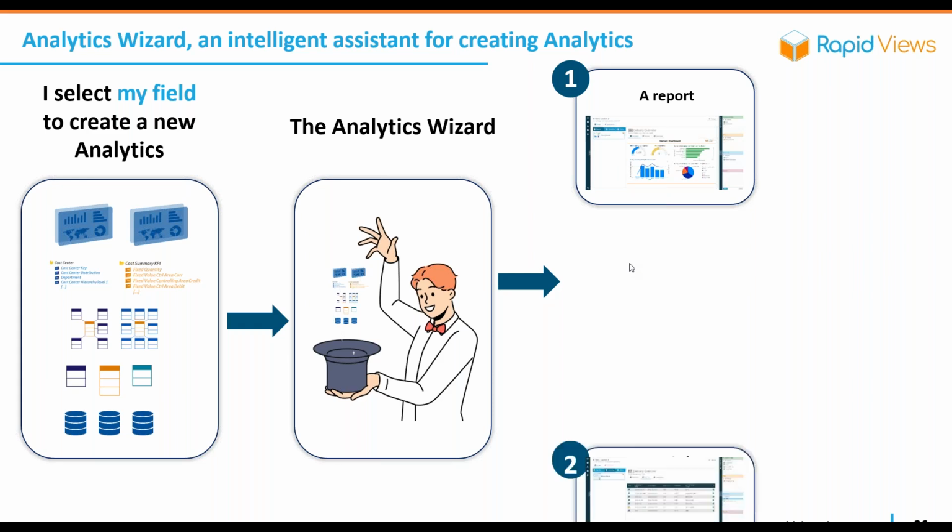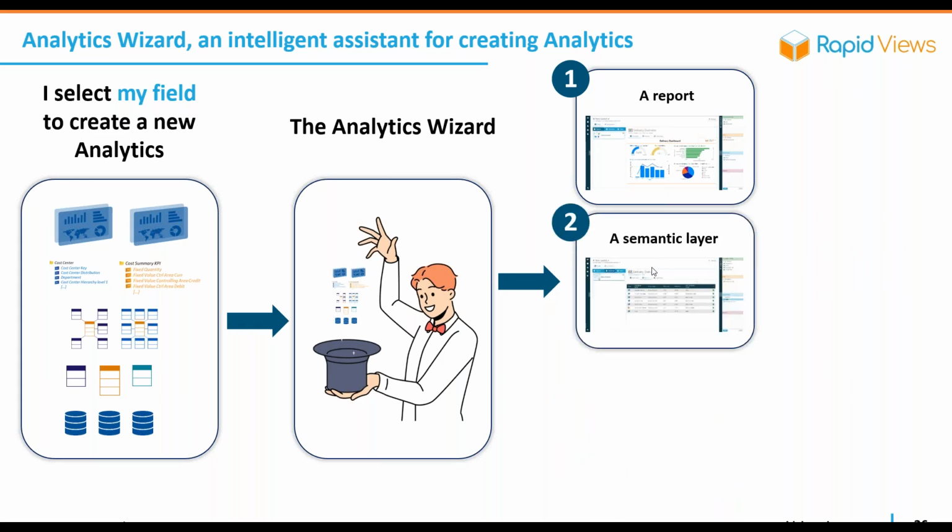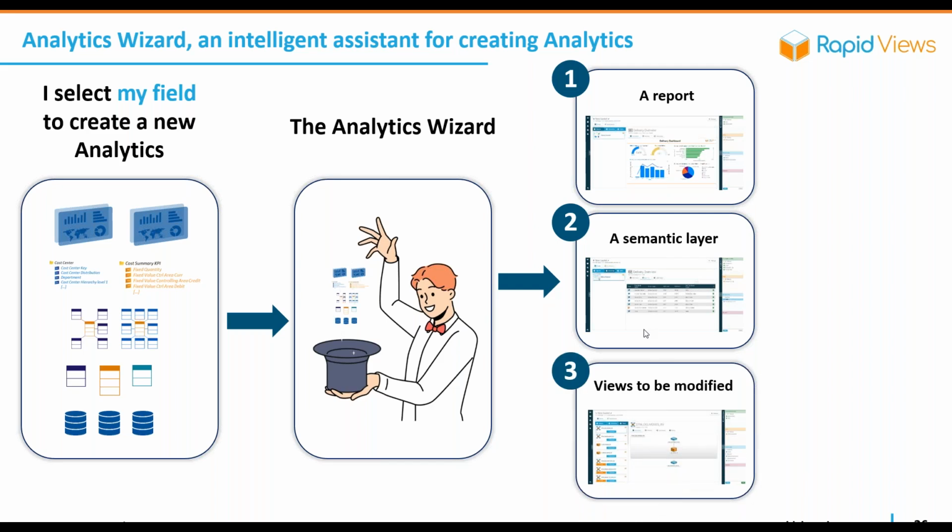Maybe not. Maybe it will tell you that you have a semantic layer that contains all this information. So in this case, you will need to open your reporting tools, access your semantic layer, and build your report.